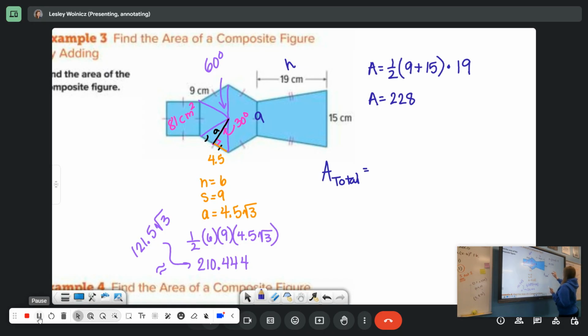So my total area is my area of my square, let me just call that S, plus the area of my hexagon, plus the area of my trap.